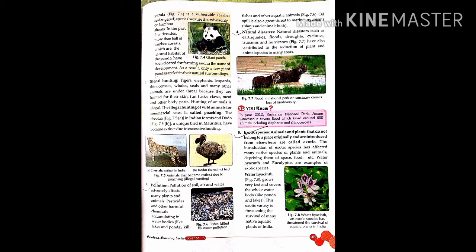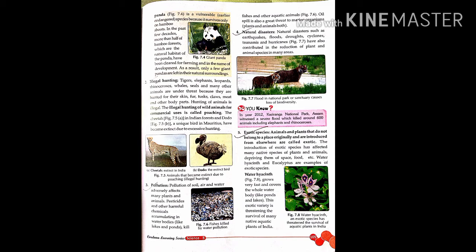Okay, in the year 2012, Kaziranga National Park, Assam, witnessed a severe flood which killed around 600 animals including elephants and rhinoceros. So flood is a natural disaster, it will come in Assam. Then in Kaziranga National Park, 600 animals, especially elephants and rhinoceros, were killed. Okay, so in this way natural disasters also affect the wildlife and forest.